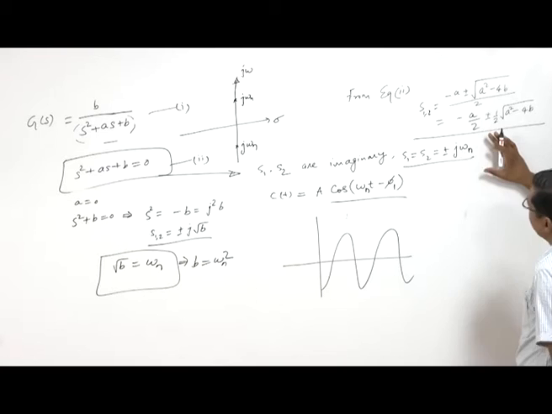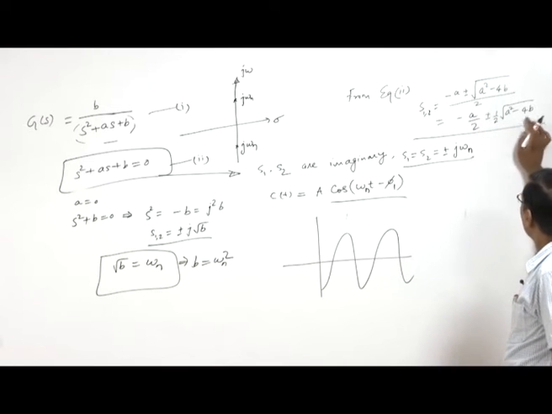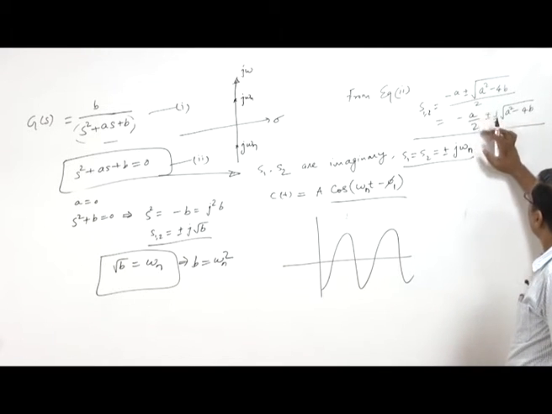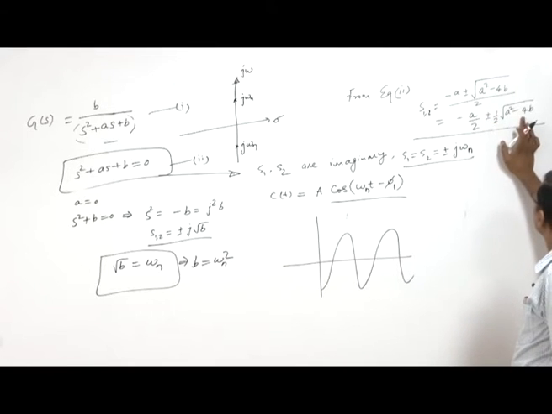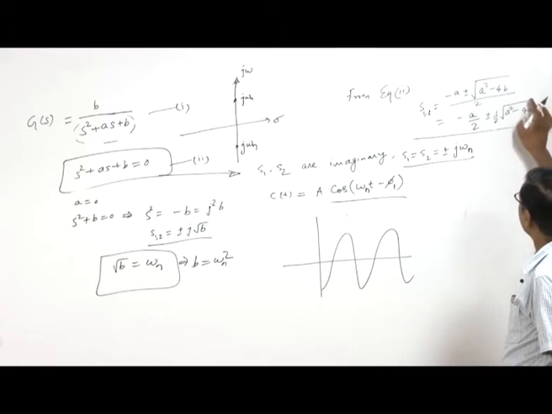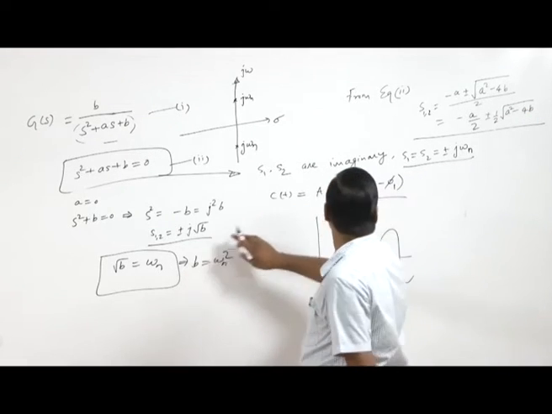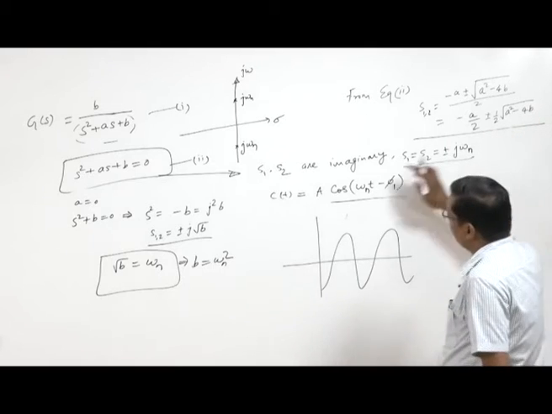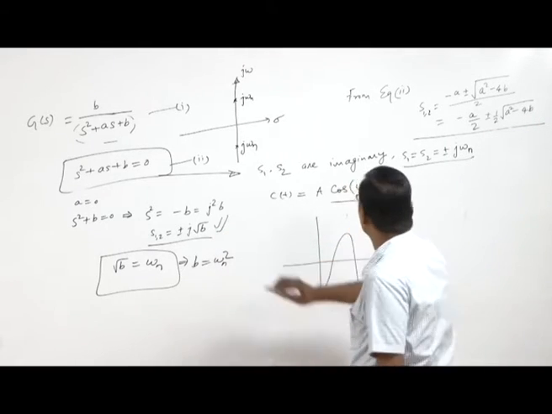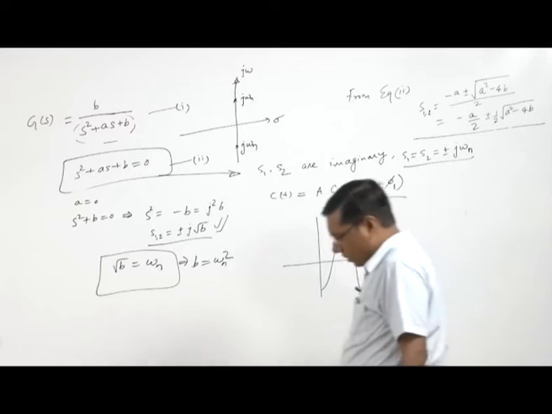So we saw that to get only the imaginary part we put a equal to 0, so this part is 0, and we got plus minus j root b as the poles, and we defined the natural frequency.